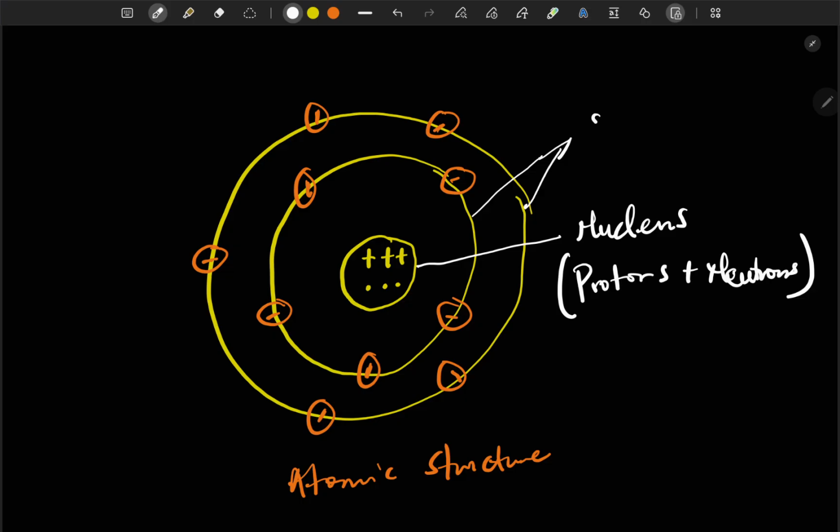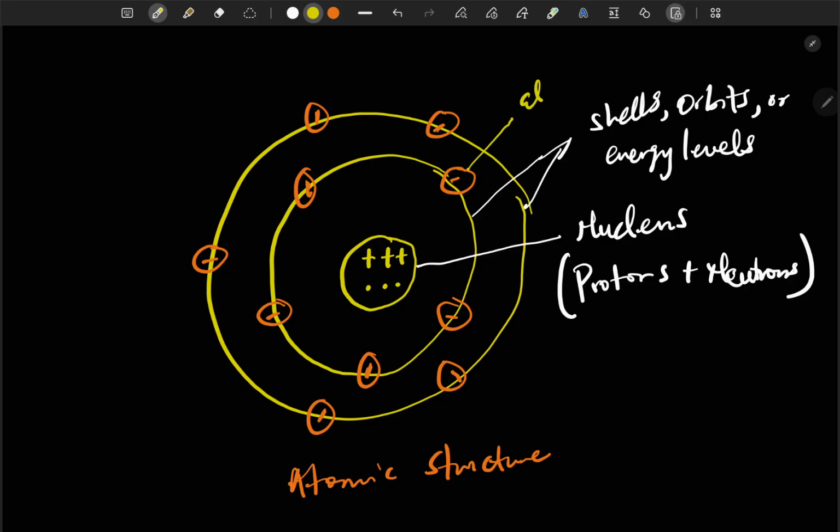We can call them shells, orbits, or energy levels. And on these shells, we have electrons that are negatively charged moving around the shell, or orbits, or energy level.